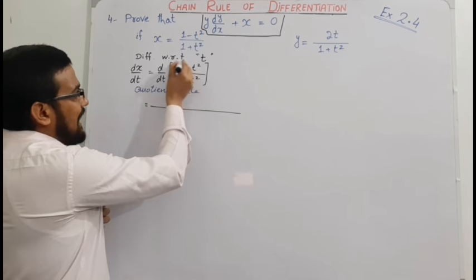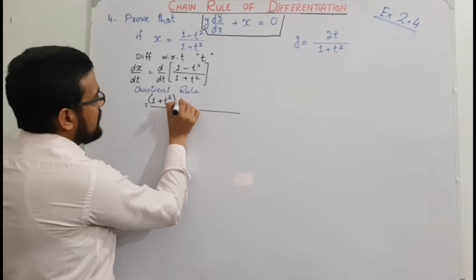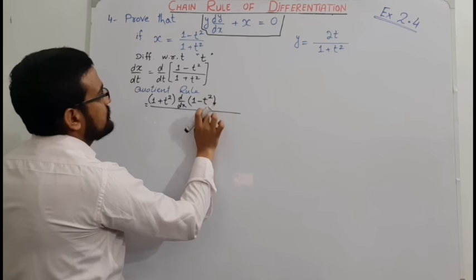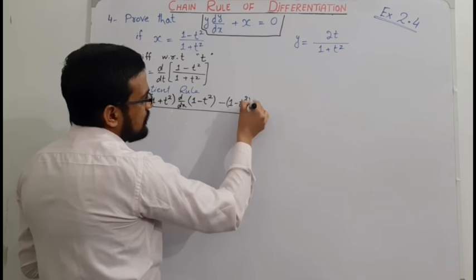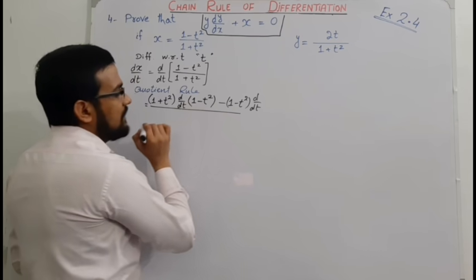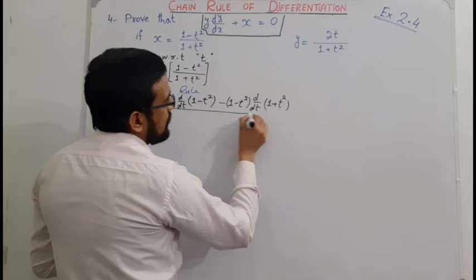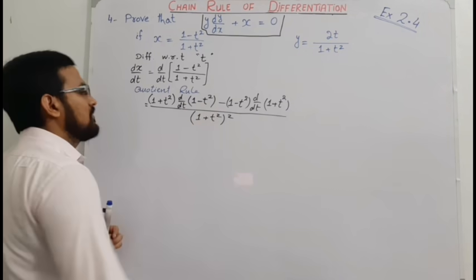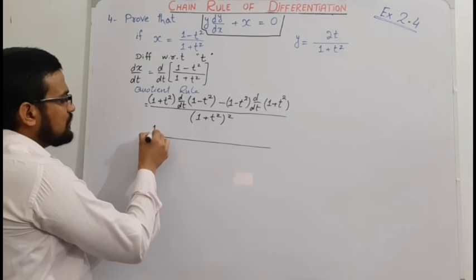The denominator 1 plus t² as it is, times the derivative of the numerator 1 minus t², minus the numerator as it is times the derivative of the denominator 1 plus t², and then whole divided by the square of the denominator, (1 plus t²)².